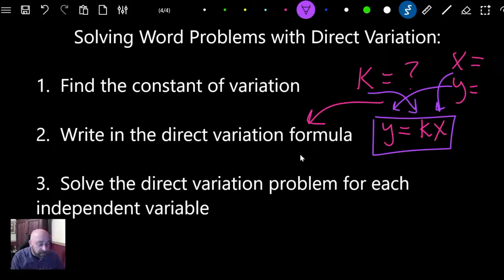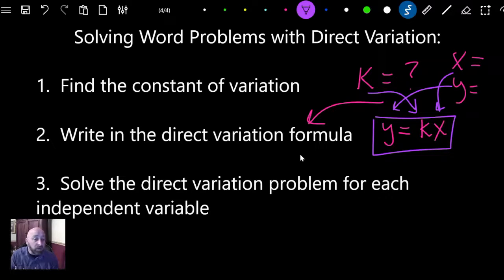And then the last thing you're going to want to do is solve the direct variation problem for each independent variable. Many of these problems will say, if Bob paid $8 for his groceries, and Sam paid $12 for his groceries, what did Ted pay for his groceries, for example?